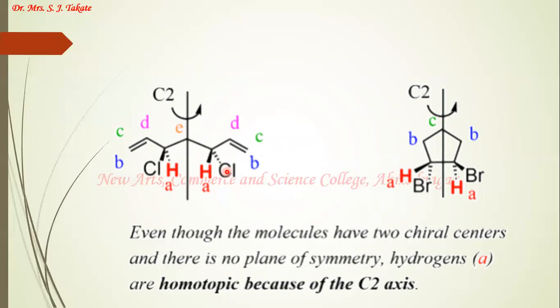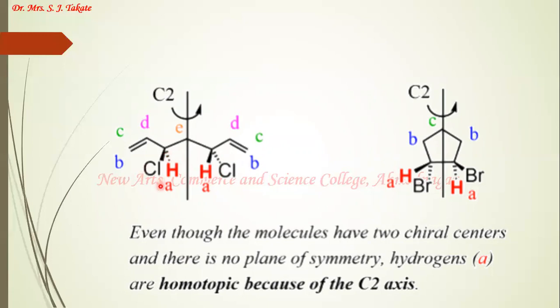Does it have an axis of symmetry? Let us check. If you rotate this molecule through 180 degrees, then what will happen? This group will come to the left side and this group will go to the right side. After the 180 degree rotation, this chlorine will go to the back side when it comes to the right side, and this hydrogen will go to the back side when it comes to this position.